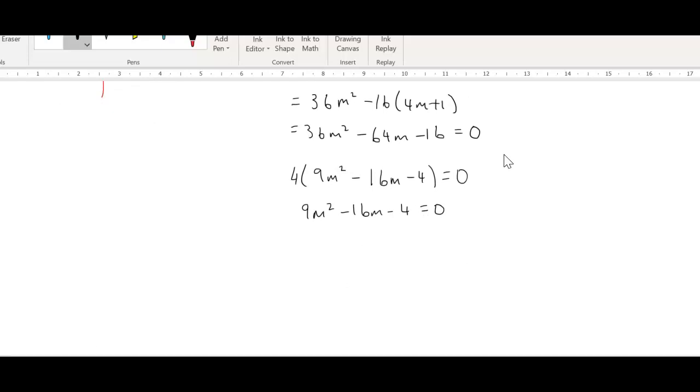And then we just have to solve for m. I'm just going to use the quadratic formula. So I've got to identify a, b, and c, different a, b, and c as before. This isn't the quadratic from before, we're just solving for m.